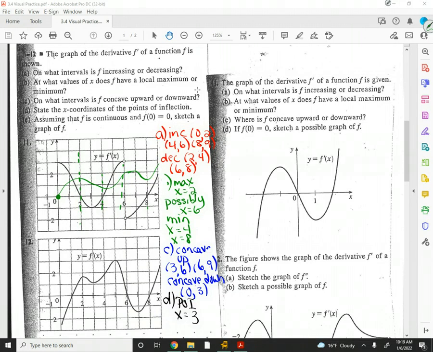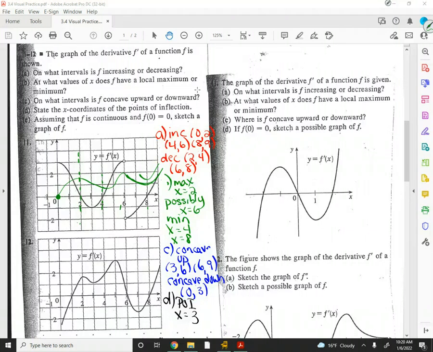So then for concavity, I'm going to check: concave up from 3 to 6. That matches. Concave up from 6 to 9. Should fix that a little bit. That's better. Concave down from 0 to 3.